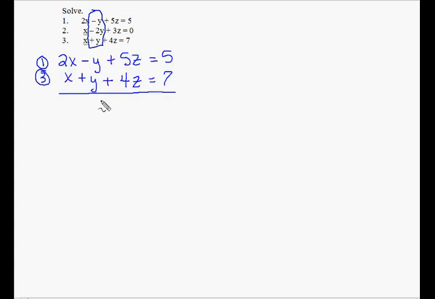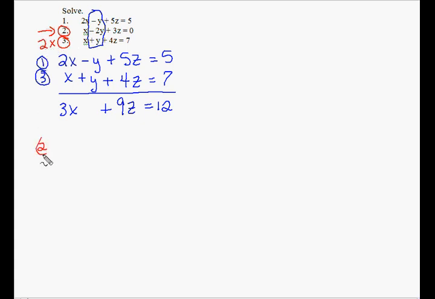So when I add those two equations together, I get 3x plus 9z equals 12. Now I also need to make sure that I use equation 2 in this problem. Each equation must be used in order to solve the system. Since that has a negative 2y with it, I think I'll use equation 3 and multiply that equation by 2.